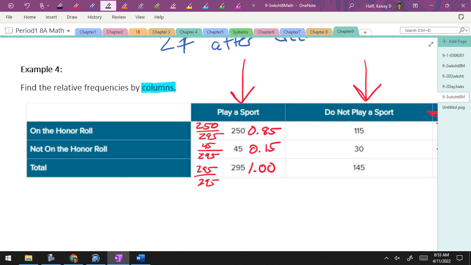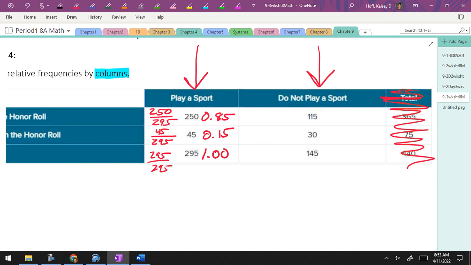Okay, so we repeat. But now we're using the do not play a sport. 115 divided by, very good, 145. 0.79. Anybody else get 0.79? Yes?